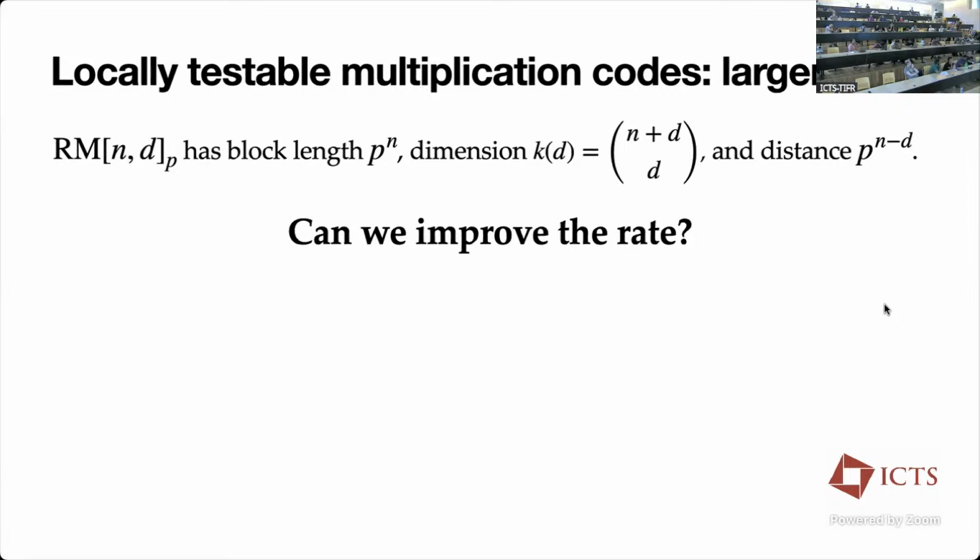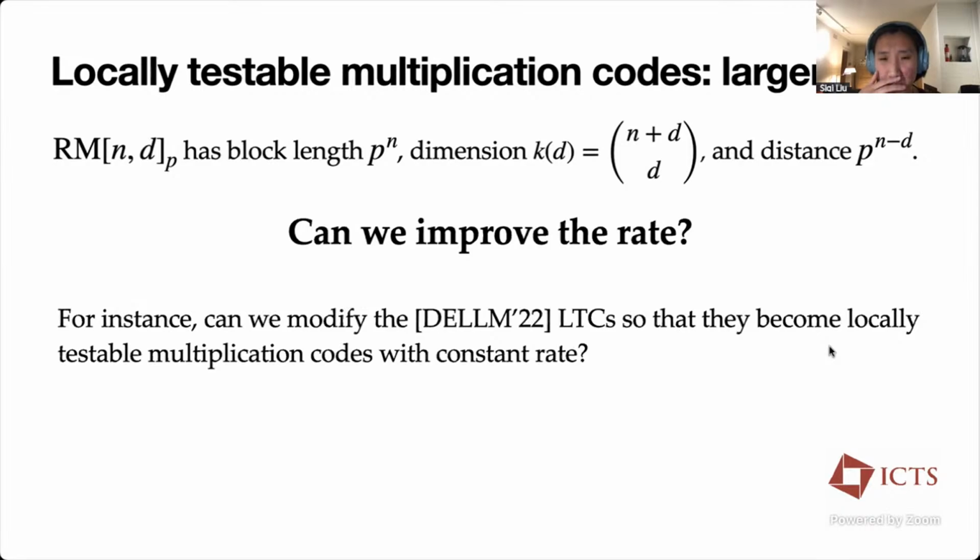Okay, 5 minutes. So the big question here is whether we can improve this rate. Maybe you would think that one way of doing that is just to make modifications to the already known good constructions of locally testable codes. That would be good, except that doing so by replacing the local codes with Reed-Muller codes would give you locally testable codes with the multiplication property.